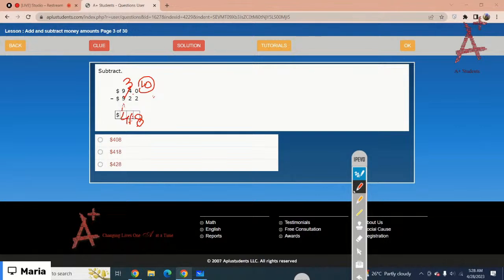So it would be $418. The correct option is $418.